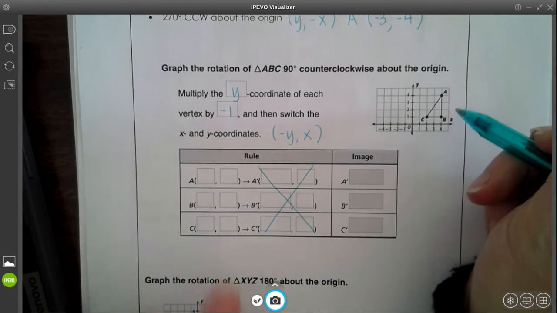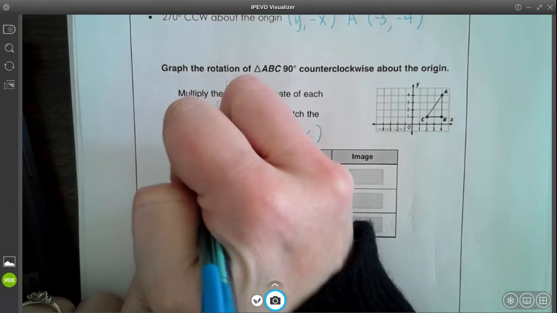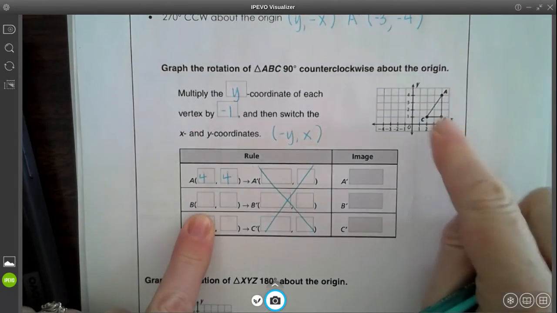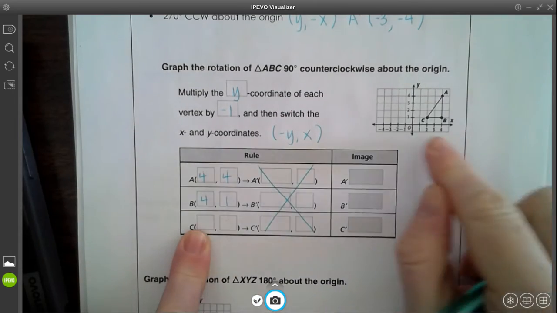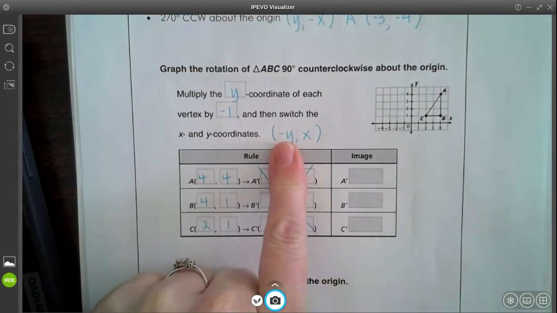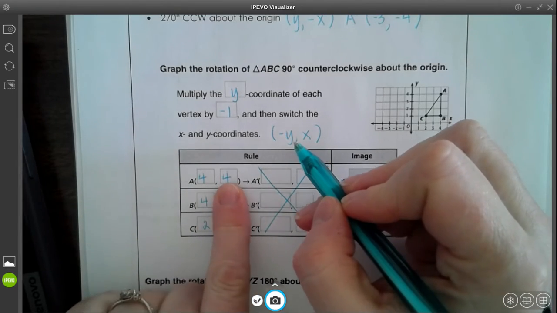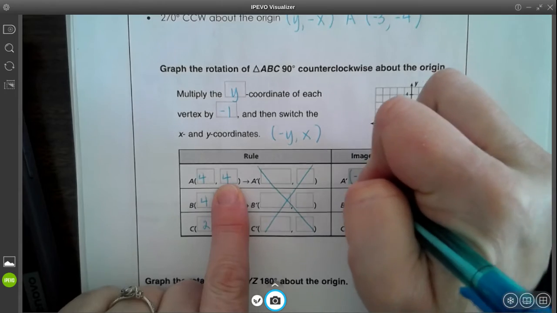So let's start with the coordinates of A. The coordinates of A are originally at 4, 4. B is at 4, 1. And C is at 2, 1. Okay, now I'm going to apply this rule. Starting with the y coordinate, this one is 4, so the opposite of that would be -4.